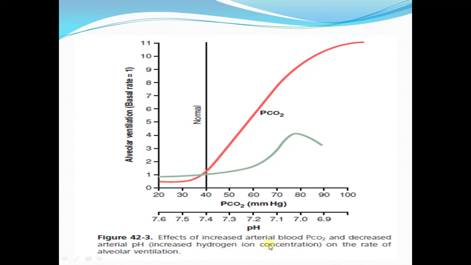concentration in the arterial blood also increases the rate of alveolar ventilation, but this is not through the stimulation of central chemoreceptors. How does increased hydrogen ions in the arterial blood affect the pulmonary ventilation? We are going to see subsequently.